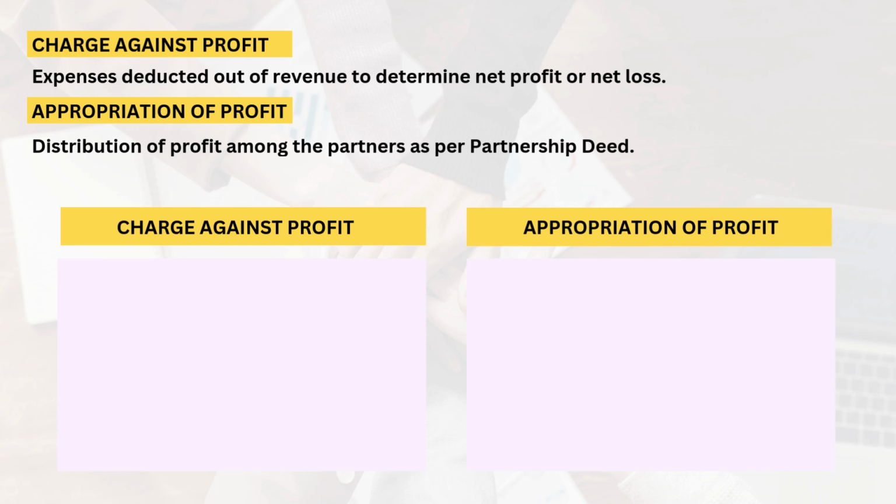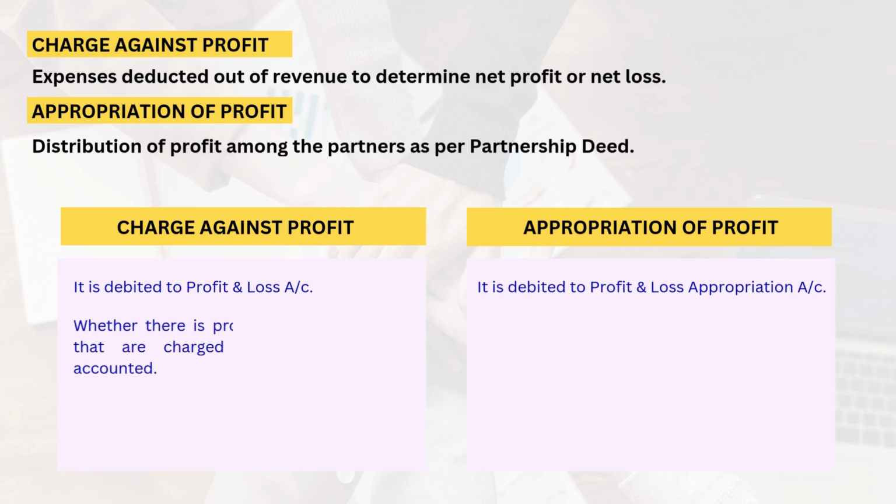Charge against profit, it is debited to profit and loss account. Appropriation of profit, it is debited to profit and loss appropriation account. Charge against profit, whether there is profit or loss, expenses that are charged against profit are accounted.